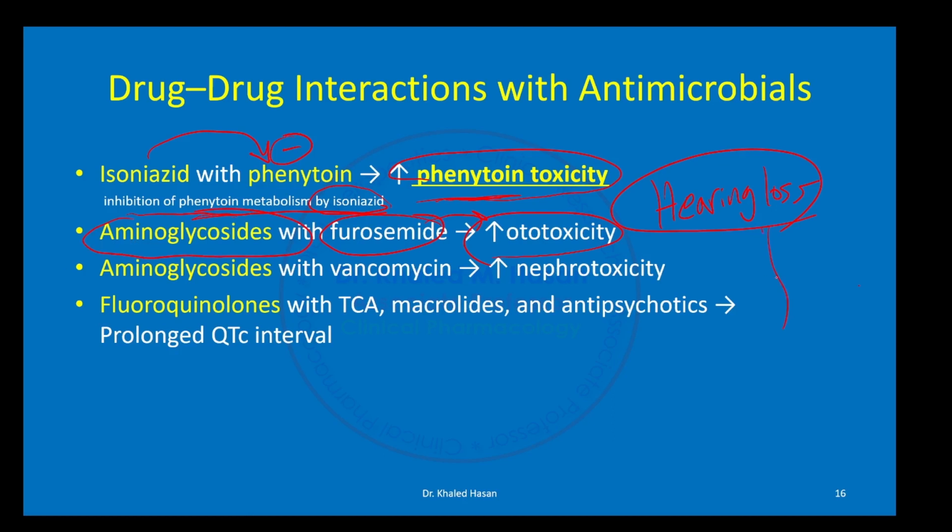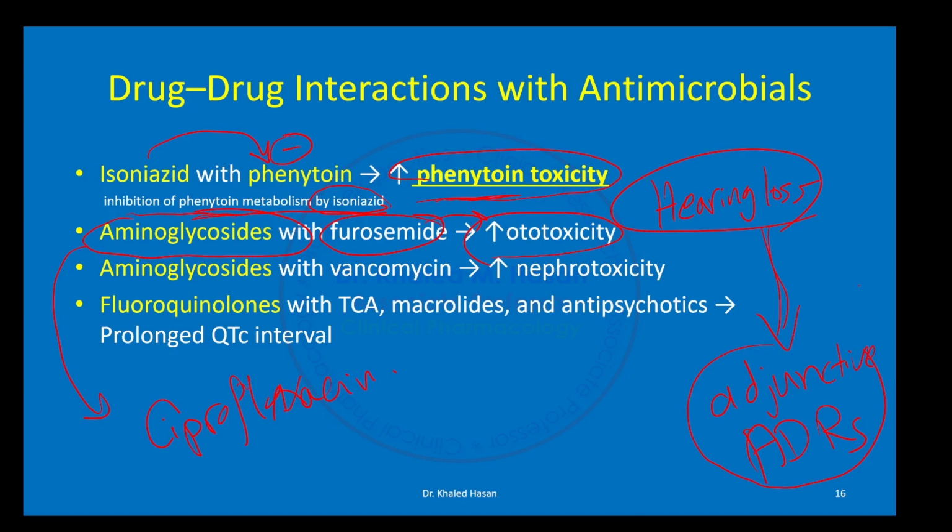We call this adjunctive, adverse drug reactions. So synergistic effect: two medications cause the same side effect. We recommend to avoid the medication. For example, instead of using aminoglycoside, we can go with, for example, ciprofloxacin for this patient.